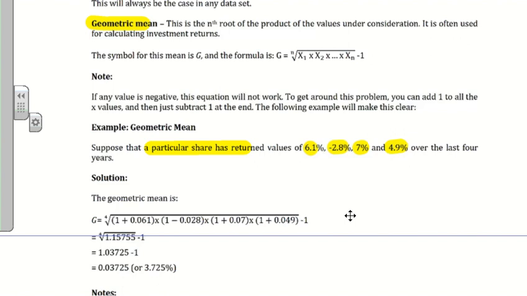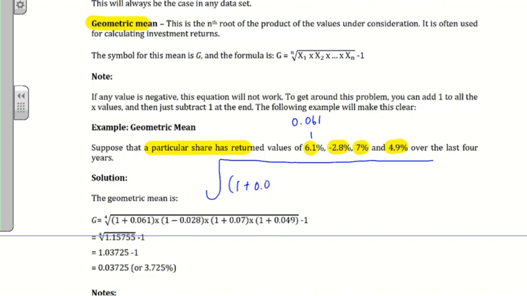Geometric mean, okay, look what we do. We take each and every one of those numbers and root them. But before I take the actual number, what do I do with it? I'm going to go 1 plus, and how do we show 6.1%? Everyone comfortable? 0.061. So 1 plus 0.061. That's my first one. What's my next one?